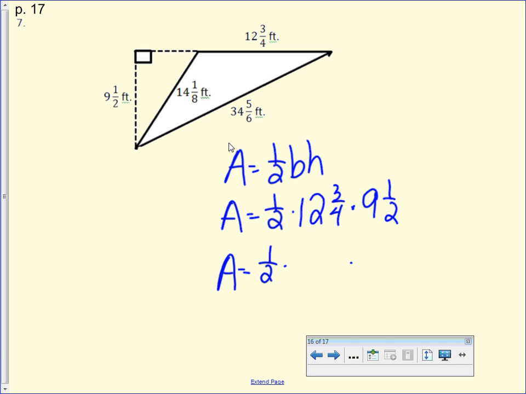Improper fractions. 4 times 12 is 48 plus 3, 51. 9 and 1/2: 2 times 9 is 18, plus 1 is 19 over 2. 2 times 4 is 8, times 2 is 16. You can use your calculators to multiply and change back to a mixed number.